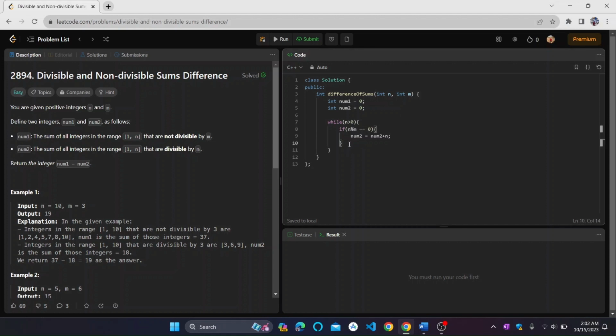Then else, what we will do: num1 is equal to num1 plus n.